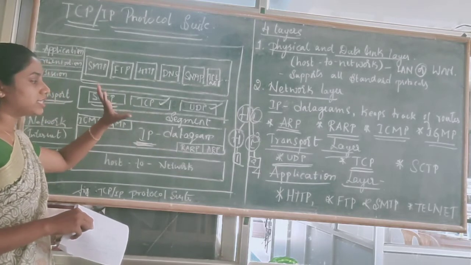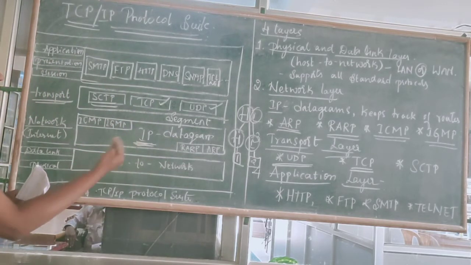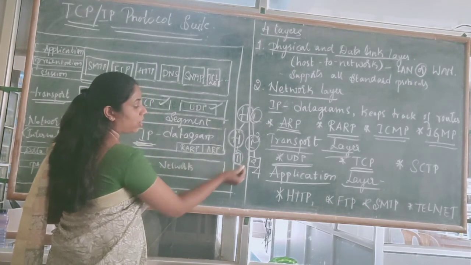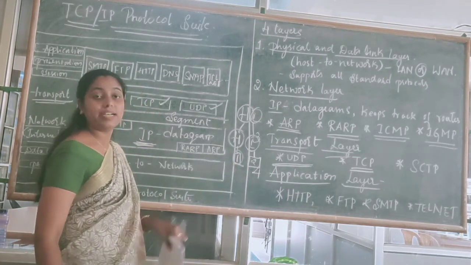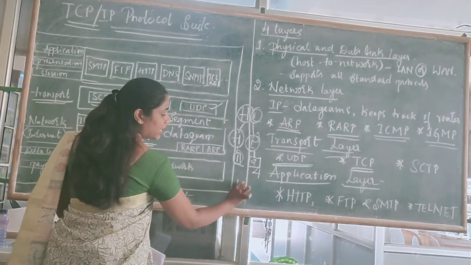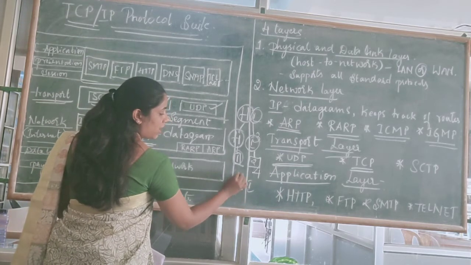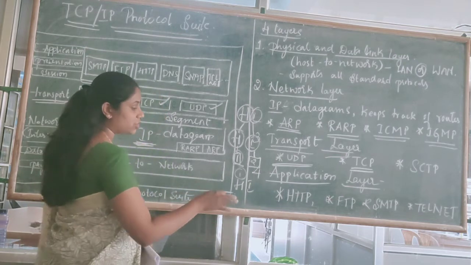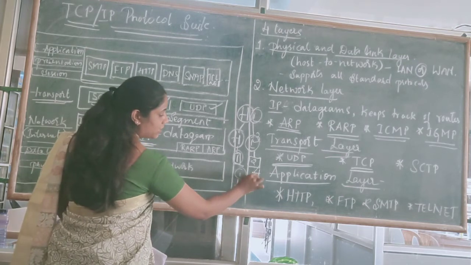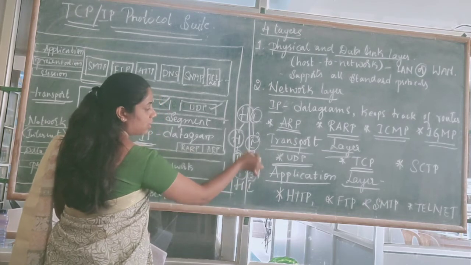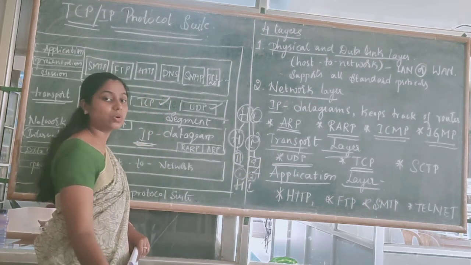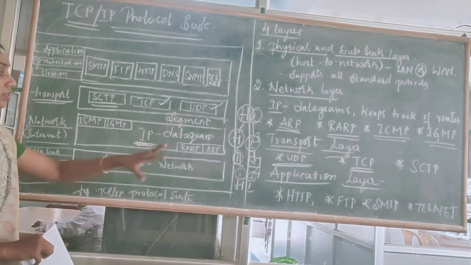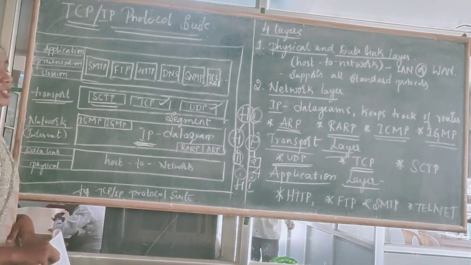The receiver side receives the segments, and according to the segment number the segments are rearranged. Since H has segment number 1, it is arranged in the first place, and I has segment number 2, so it is arranged in the second place. This is the task of the transport layer.